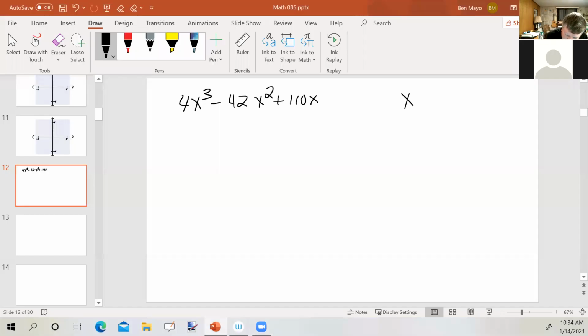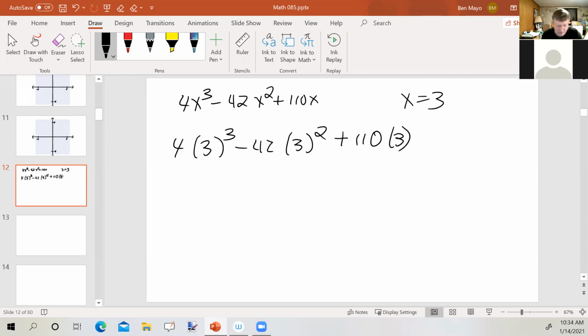So if x is 3, we're going to have 4 times 3 cubed minus 42 times 3 squared plus 110 times 3. If I punch that all into my calculator, let's see if I did that right.